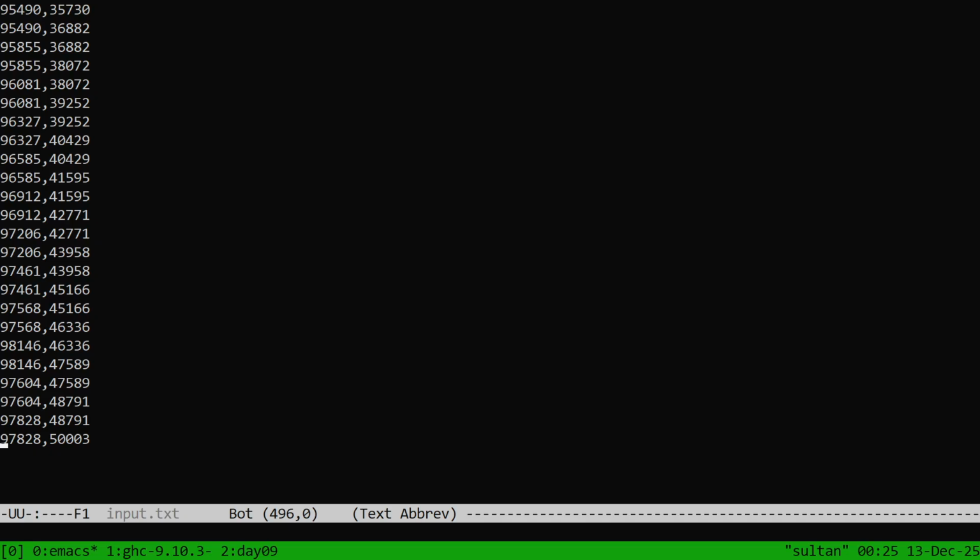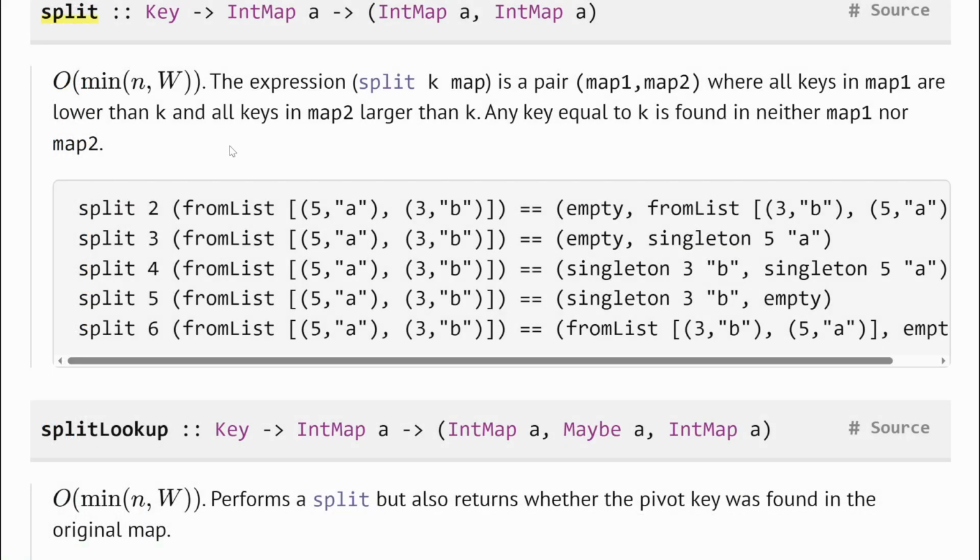And for each one, we're doing some trim operations on a map, which I was told is constant time. Is that right? Or did I misunderstand? Where do I have the map documentation up? Here we go.